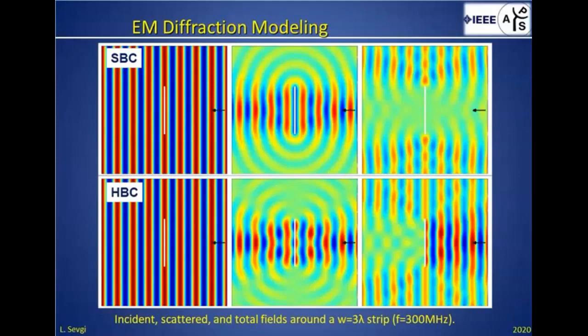And in electromagnetics, they correspond to transverse electric and transverse magnetic, TE and TM, type electromagnetic waves. On the left, you see the incident field. In the middle, you see scattered fields, and on the right, you see the total fields in front of and behind the metal strip.